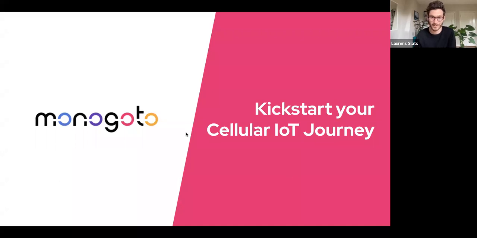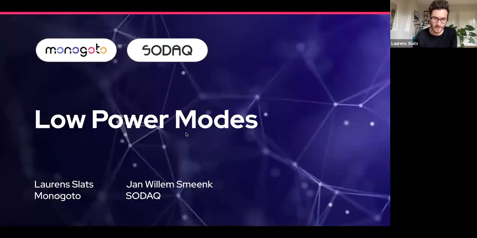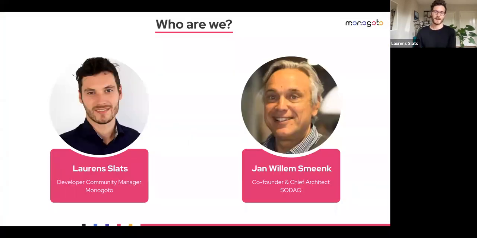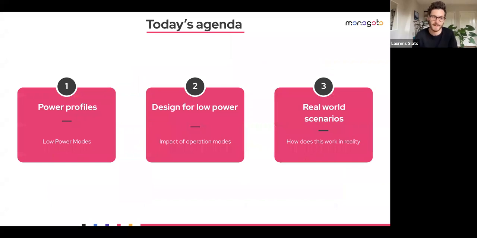So today will be all about low power modes. And well, we just had a short introduction. So for the ones who don't know me yet, my name is Lawrence. I'm the developer community manager at Monogoto and the host of this workshop series. So today's agenda: we start with a bit of information on power profiles, giving you some insights into the different operational modes of an IoT device.